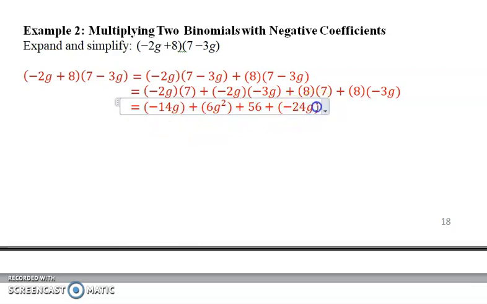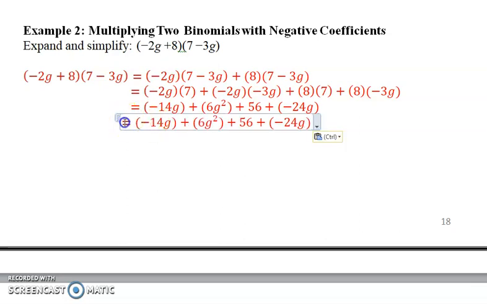All right. So now we're going to combine any like terms that we have. And I like to write them in descending order. So I'm going to put the 6g squared first because it's the highest exponent.